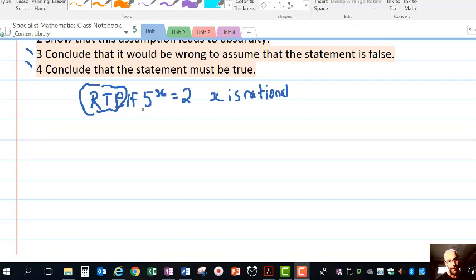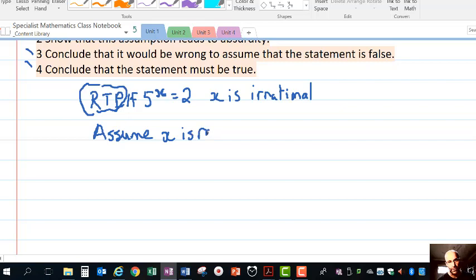So proof by contradiction can be used in a number of ways. One last quick example. If 5 to the x equals 2 can be solved for x, prove that x is irrational. Sorry, I've just fixed that up quickly. It should be irrational. Okay, so assume the opposite. So assume x is rational.